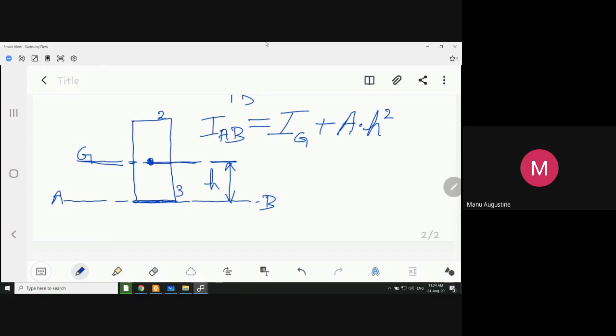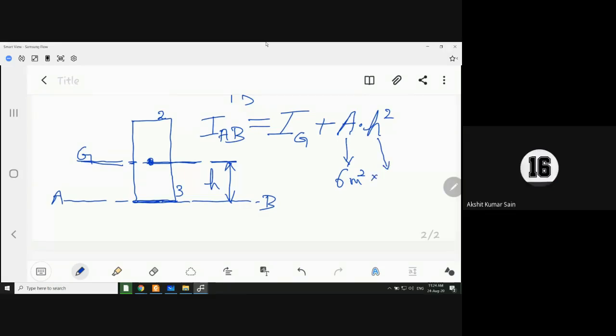Now, first of all, tell me, do you know what is the value of area here? Anybody? Sir, it is simply 6 meter square. What is the value of h here?